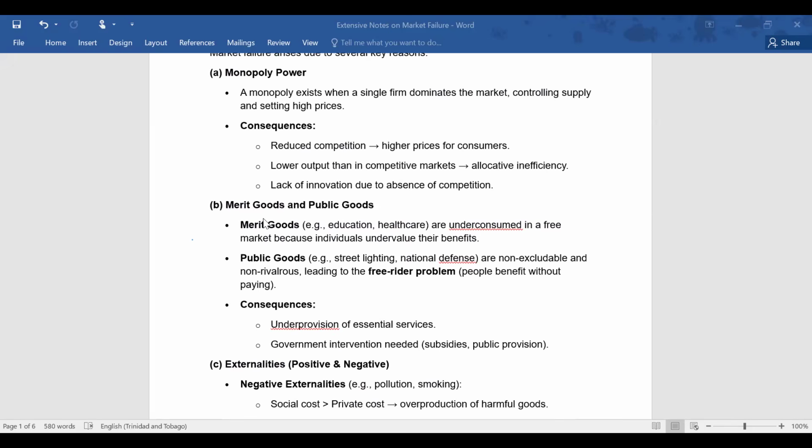So, for example, education would improve the overall quality of workers, will improve their efficiency. That's something positive. Healthcare will reduce the amount of time people stay sick, so they could improve the productivity of the economy.